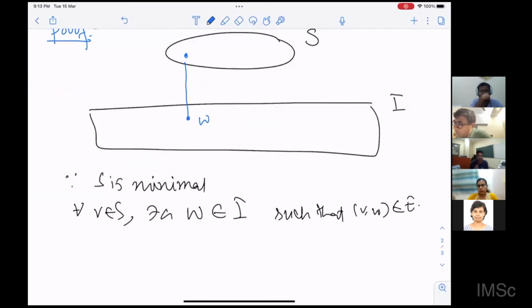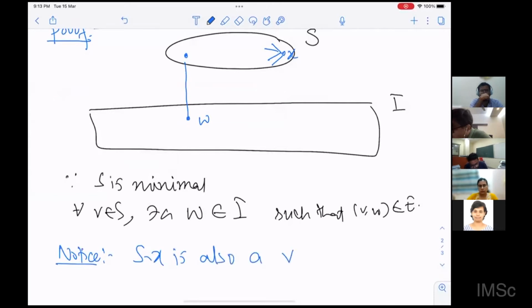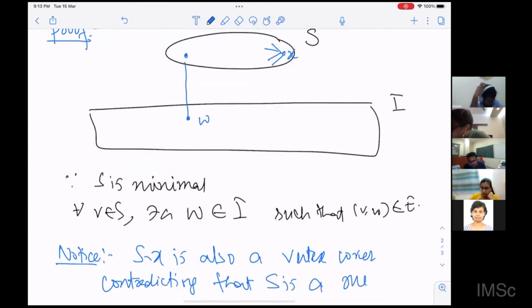Because if this were not the case, suppose we had a vertex here whose neighbors are all here, let's call this vertex x. Then notice S minus x is also a vertex cover, contradicting that S is a minimal vertex cover.